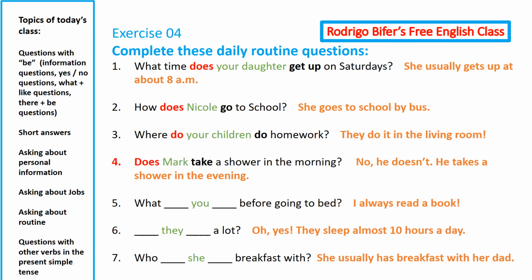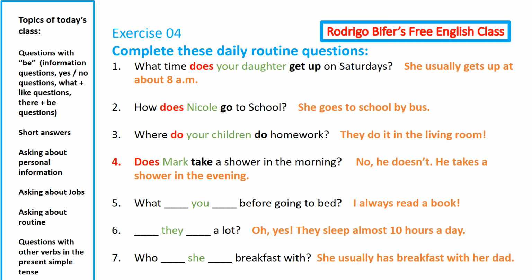Reading a book is, well, read is a verb, right? So you can use the verb read in the infinitive, but you can also use just the verb do, because reading a book is doing something. So there are two possible solutions here, two possible questions. You can ask, what do you read before going to bed?